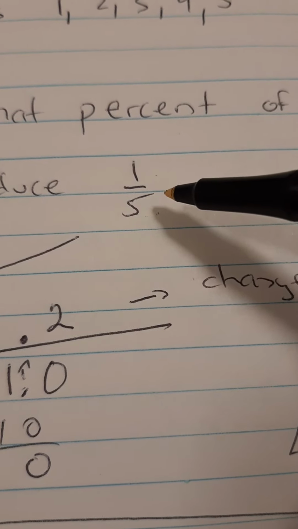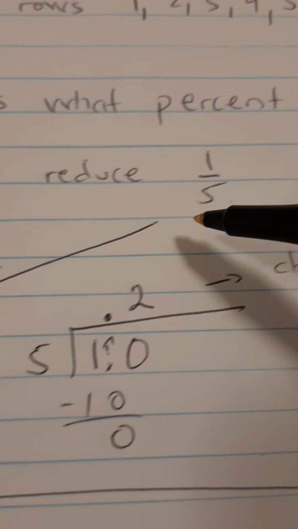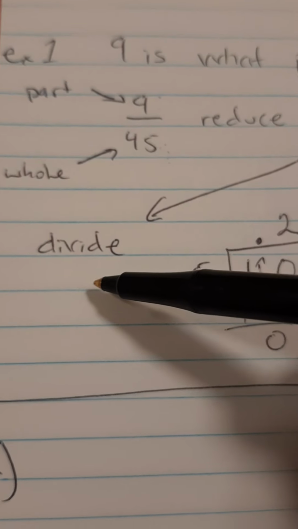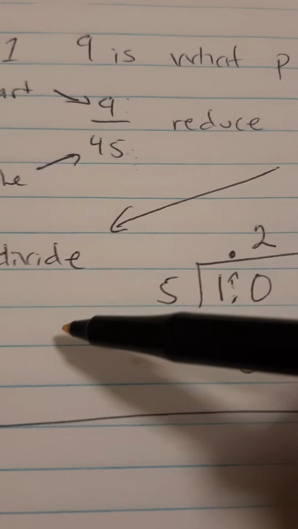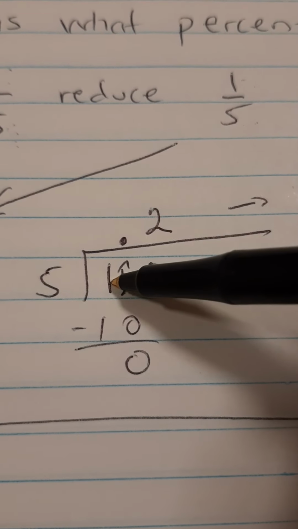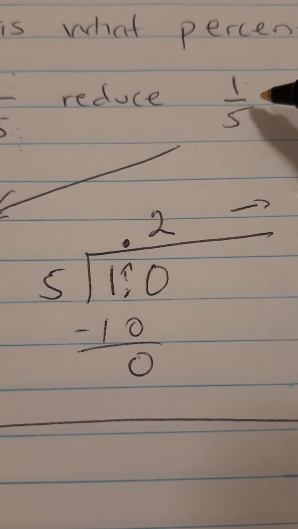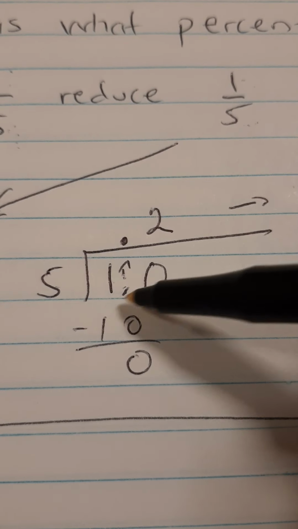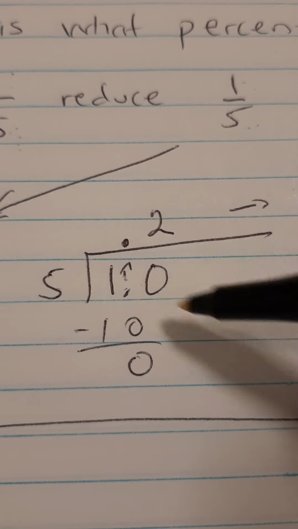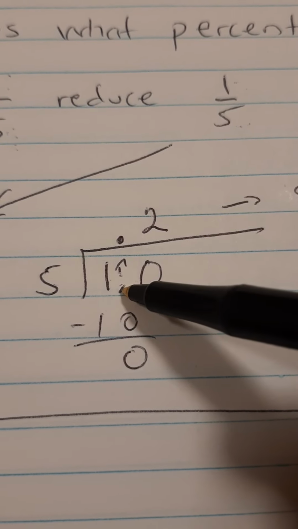Now that we've done our reduction, our division can be a little bit easier, because our next step is to divide. So 1/5, 1 divided by 5. 5 can't go into 1, so I have to add a decimal point.